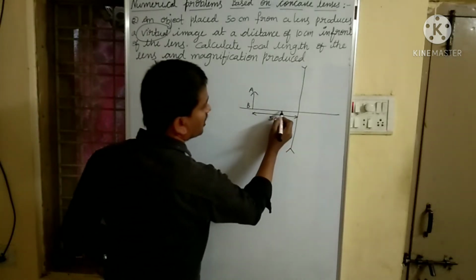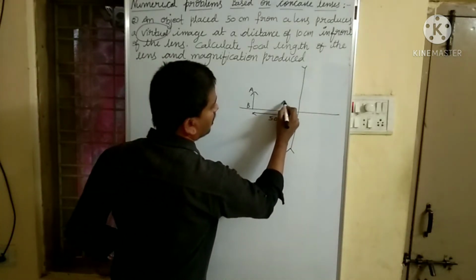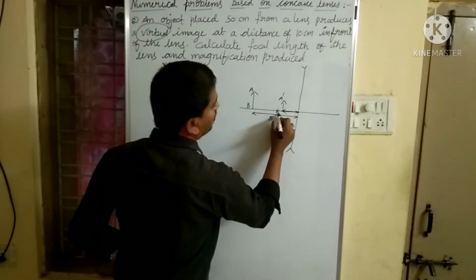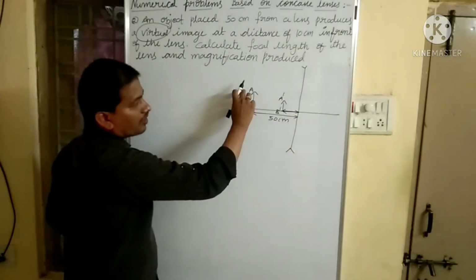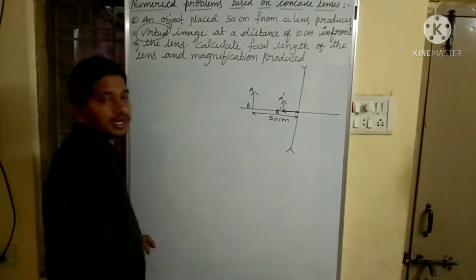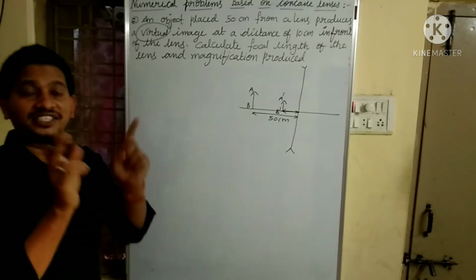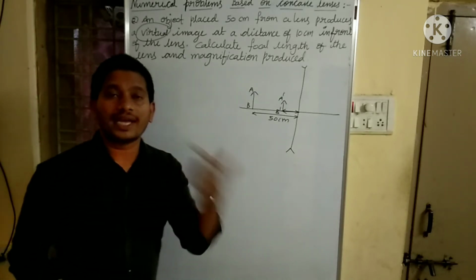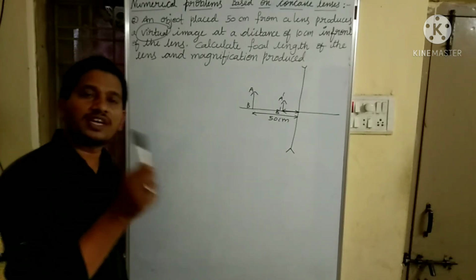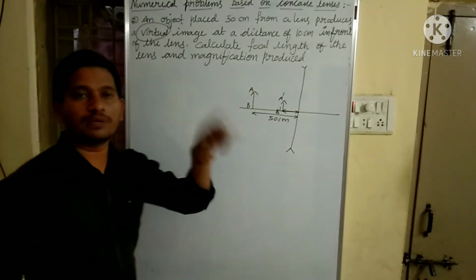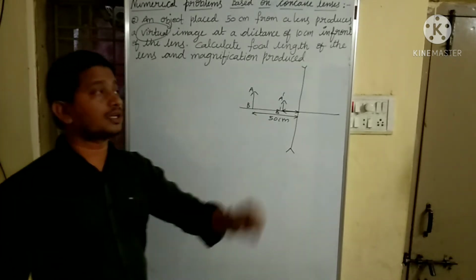Here we got the image. AB is our object, A dash B dash is our image. When we place an object at a distance of 50 centimeter from the lens, we got a virtual image to the left side of the lens, at a distance of 10 centimeter.